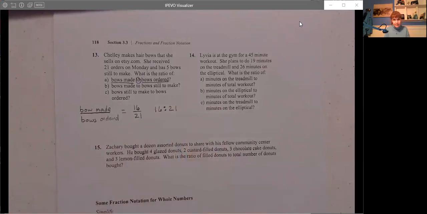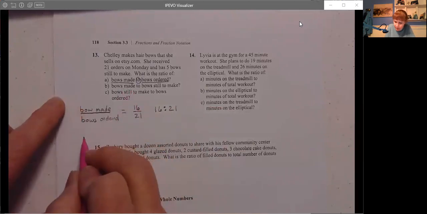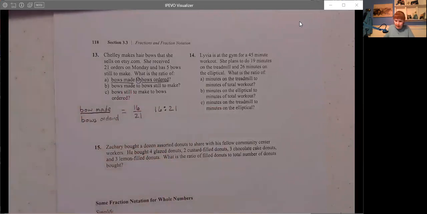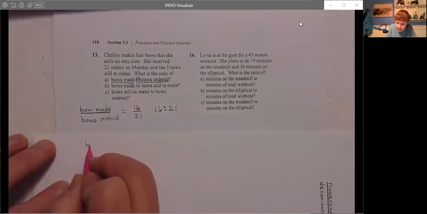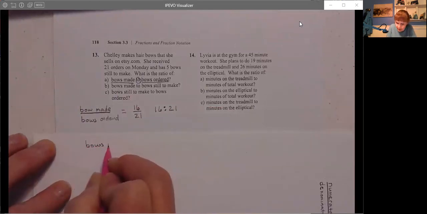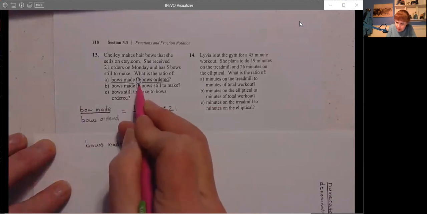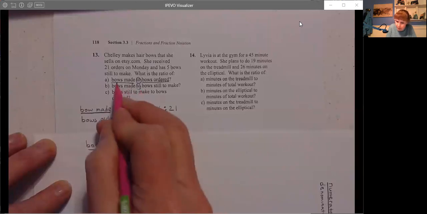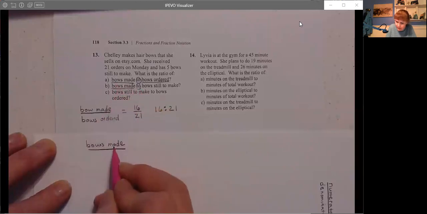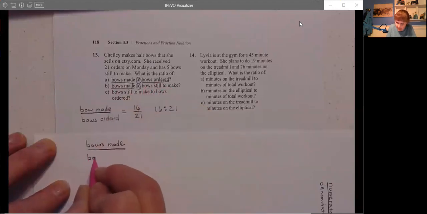Let's look at B. We have bows made over, so that's the numerator. The first one you read is going to be in the numerator. Bows still to make will be in the denominator.